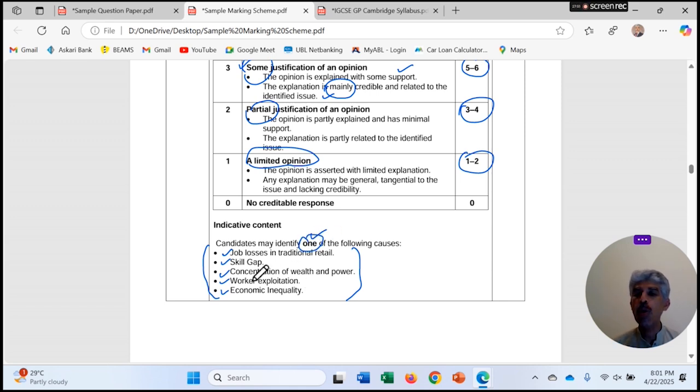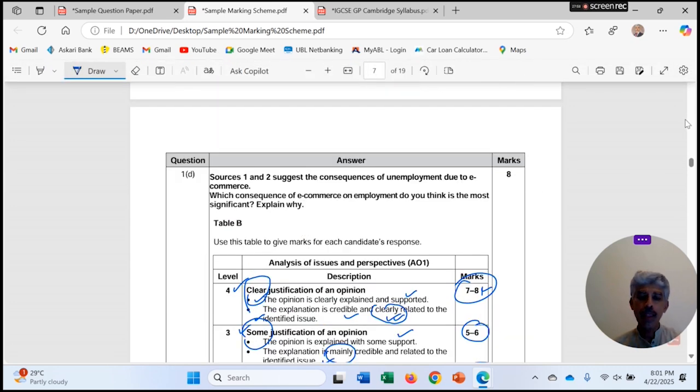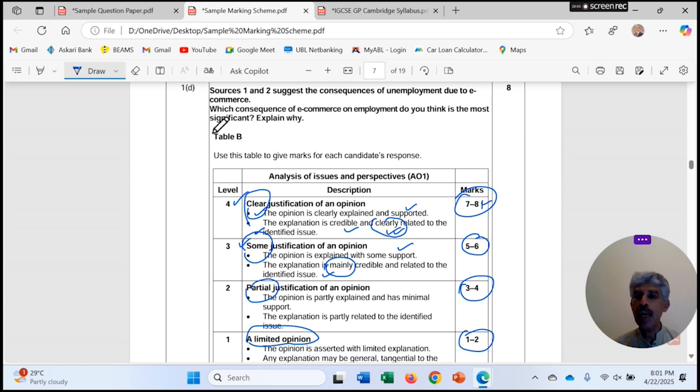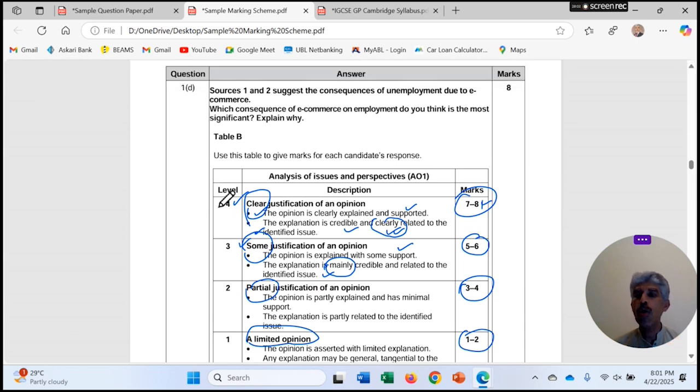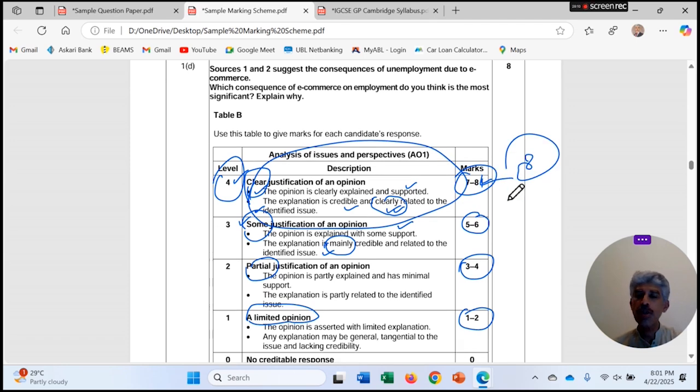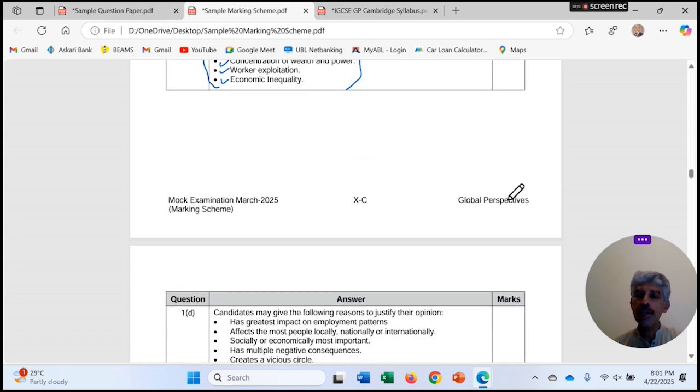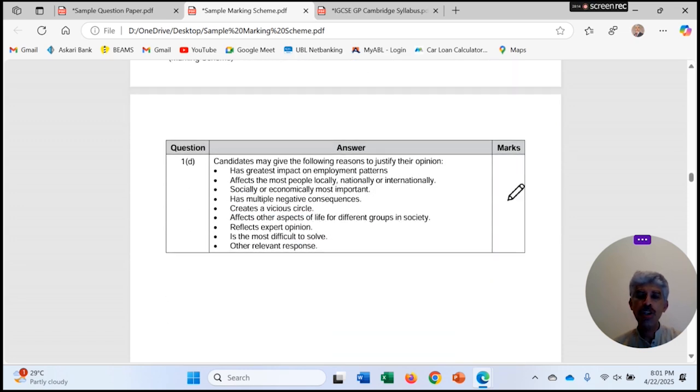So they will pick only one, and they will explain that particular consequence at level 4 to attain 8 marks in this particular question. So this is how they will attempt question number 1D.